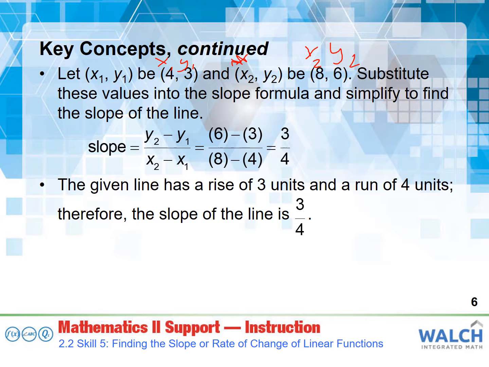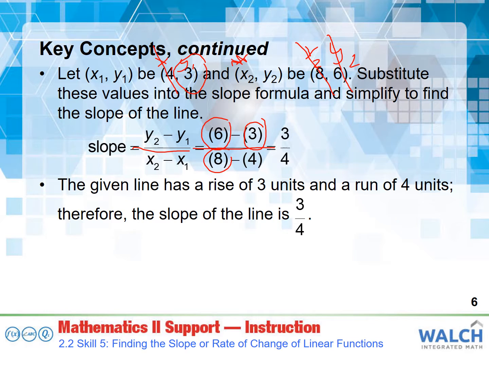Okay, so then what you do is you go over to your slope formula and you plug your points in. So let's see, our first one is y2. I always cross off. y2 is 6, right here, minus y1. y1 is 3, so that's where 3 comes in, over x2, which is 8, minus x1, which is 4.